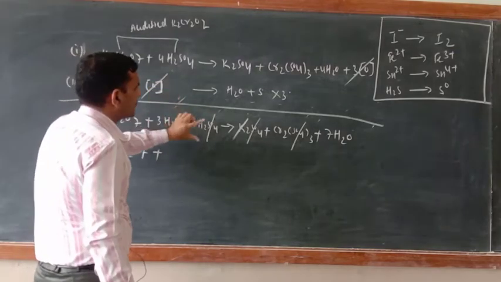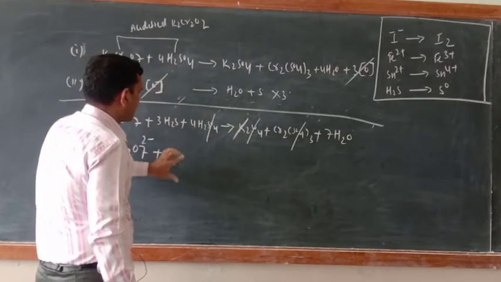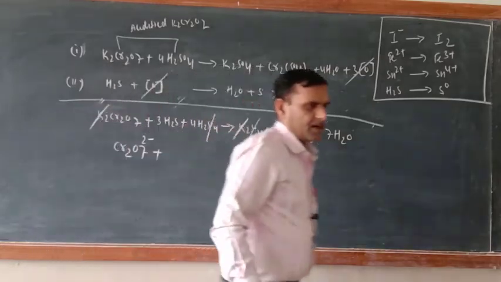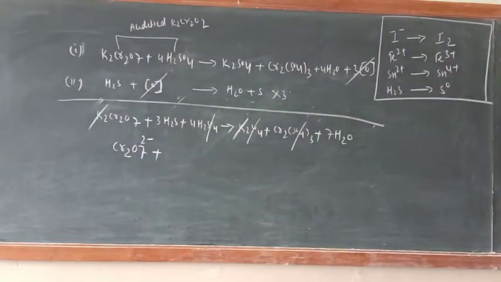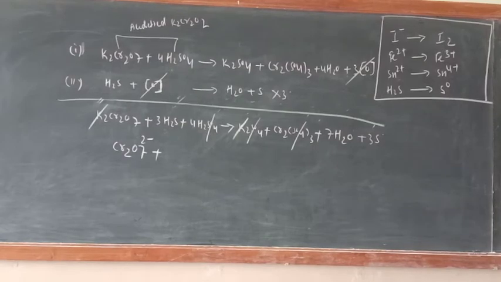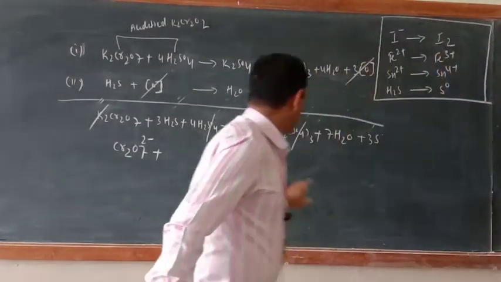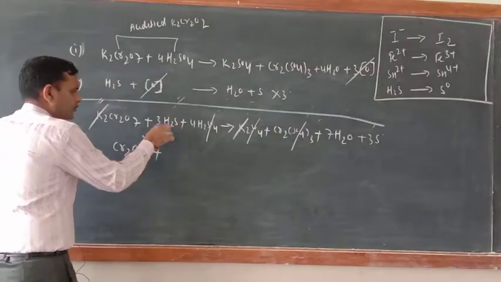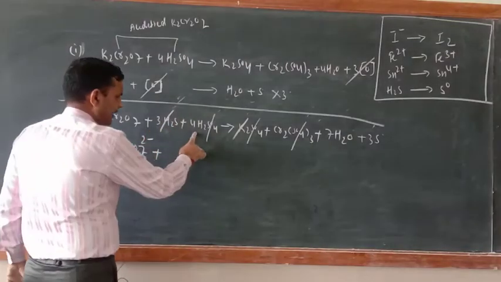Balancing is required somewhere. Let me balance it. There is no problem at all. H2S means 3 times 2, 6 H positive, correct?